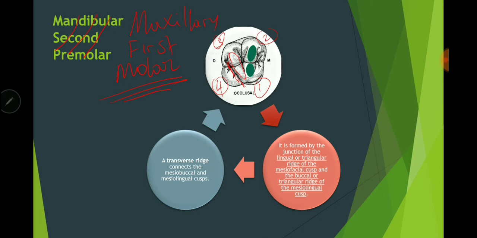ridge. So this is the distal buccal ridge, okay, this one here. This is a distal buccal ridge of the mesiolingual cusp, because when you're naming the ridges, you name it according to where it's going, where it's sloping. So this ridge is on the mesiolingual cusp, but it's going to the distal buccal. Okay, that's where it's going. It's going this way.